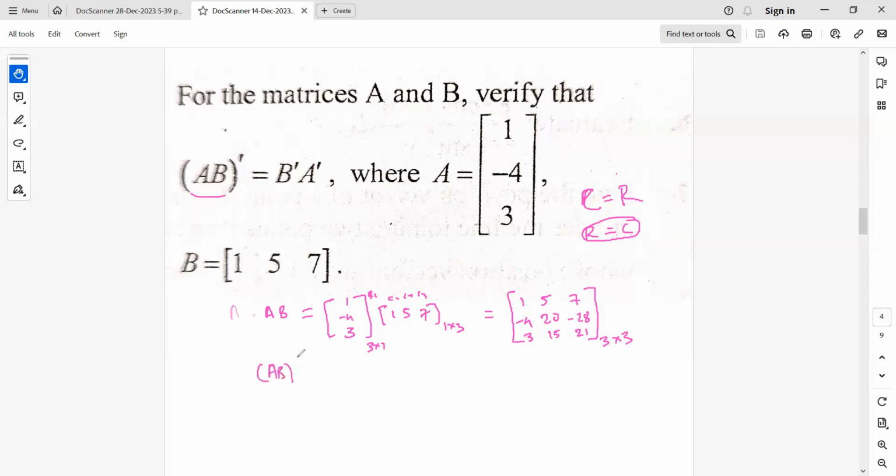When we convert the rows into columns, we get AB dash, which will be equal to 1, 5, 7, next minus 4, 20 and minus 28, and then 3, 15 and 21. This is what we get as the LHS.